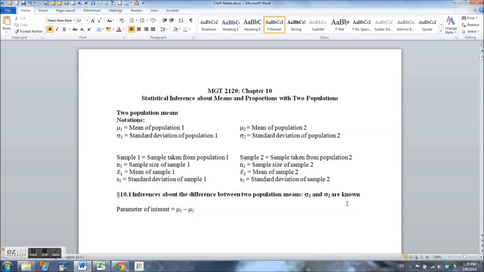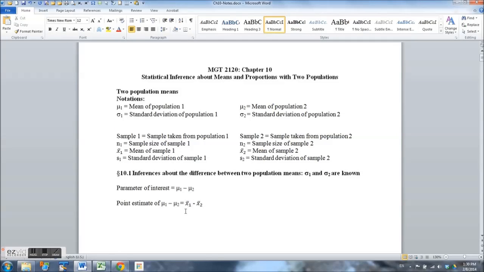Assuming that sigma sub 1 and sigma sub 2 are known, we can estimate the difference in mu sub 1 and mu sub 2 by x bar sub 1 minus x bar sub 2. That is the point estimate from the sample means that we have calculated. So that is going to be our estimate for the difference in the population means.